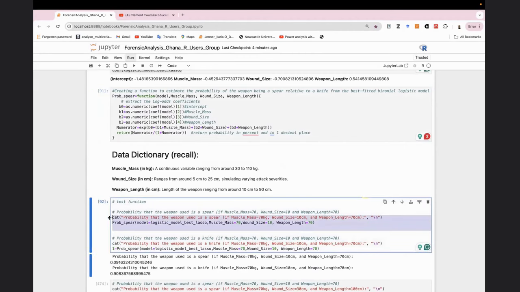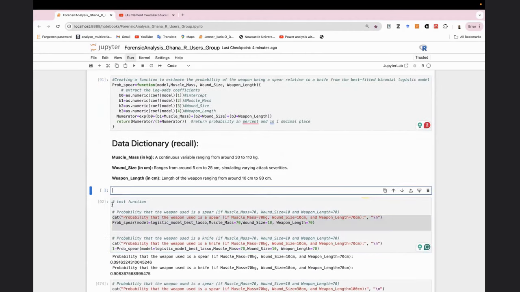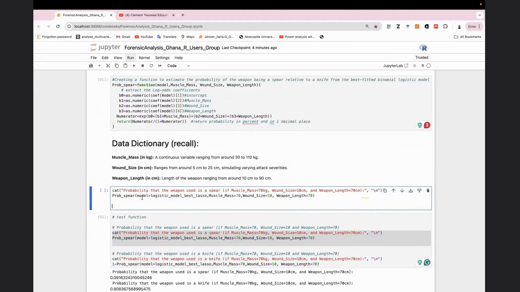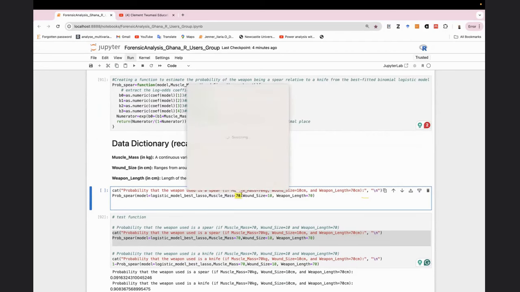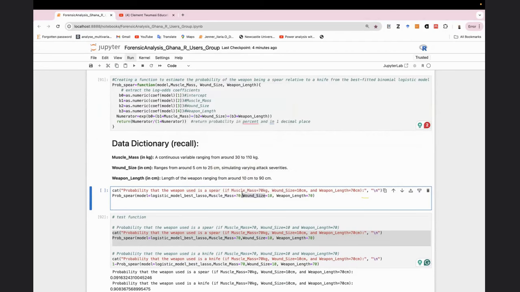So for instance, if I copy this one and create a new Excel sheet, I want to make a prediction. I want to predict whether the weapon was a knife or a spear. If the perpetrator has a muscle mass of 70, the wound length on the victim was 10, and the weapon that was used was 70 centimeters in size, what is the probability that it was a spear relative to a knife?